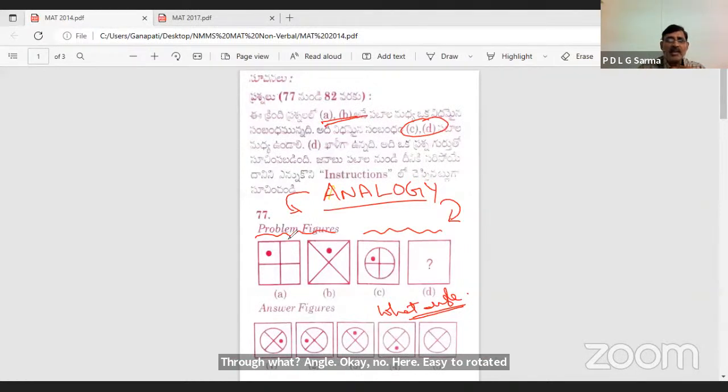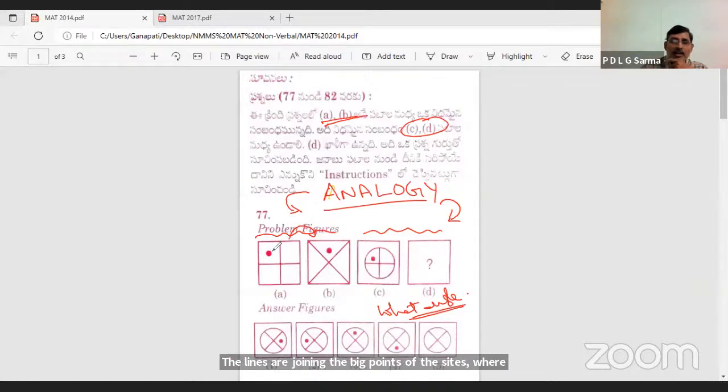Now here, is it rotated clockwise or anti-clockwise? You see, this figure is rotated like this. What is the angle through which it is rotated? Yeah, it is rotated through an angle of 90 degrees, clockwise. Actually, you can see that here the lines are joining the midpoints of the sides, whereas here it is joining the diagonals.